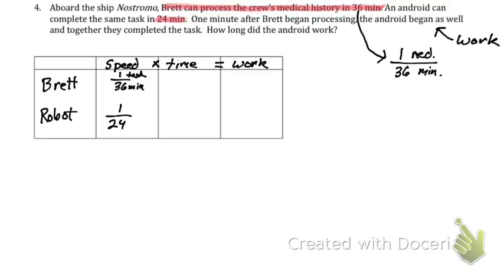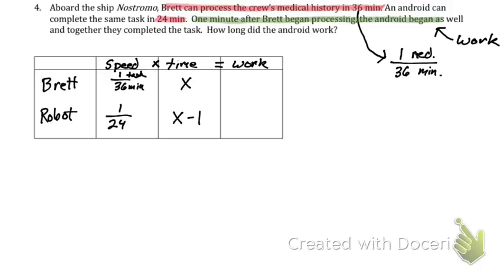Now we'll go to time. Time says 1 minute after Brett began processing, the android began to work as well. So that means if Brett works X minutes, the android is going to work X minus 1 minutes, and that is because he started later.